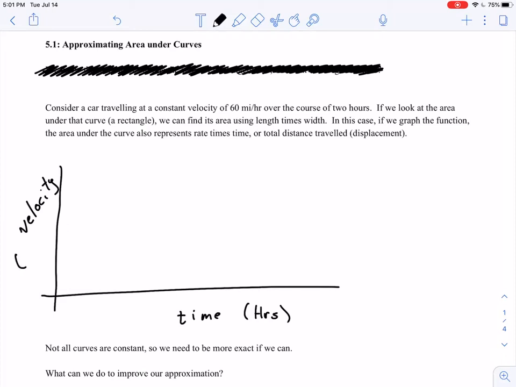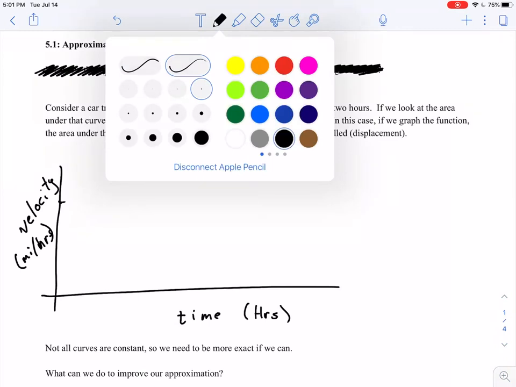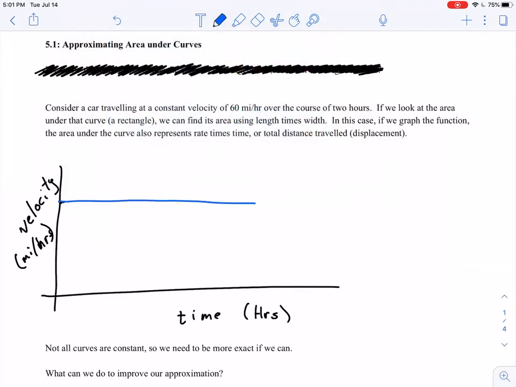And then here, velocity would be miles per hour. And then what this is, if we're driving at a constant velocity of 60 miles per hour, that means we just have a flat horizontal line here at v equals 60 miles per hour.